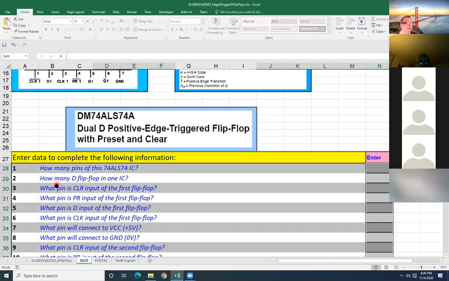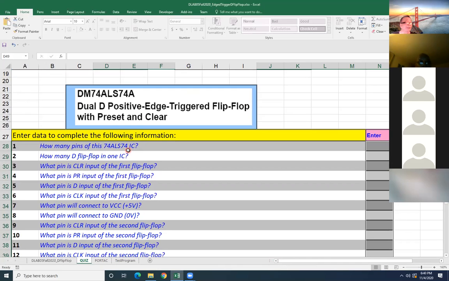For example, how many pins for this 74? 14. You can enter 14 here.